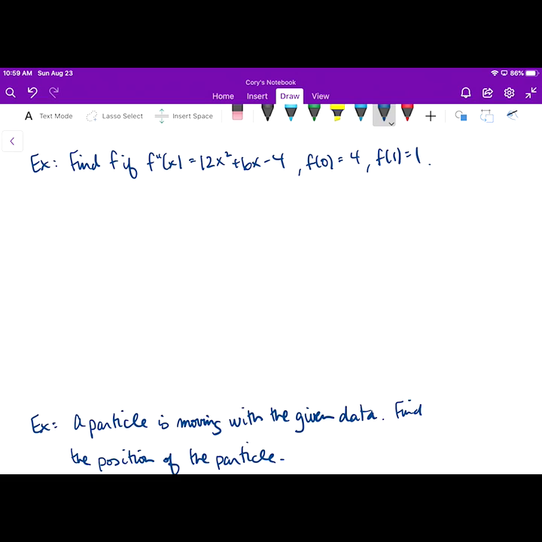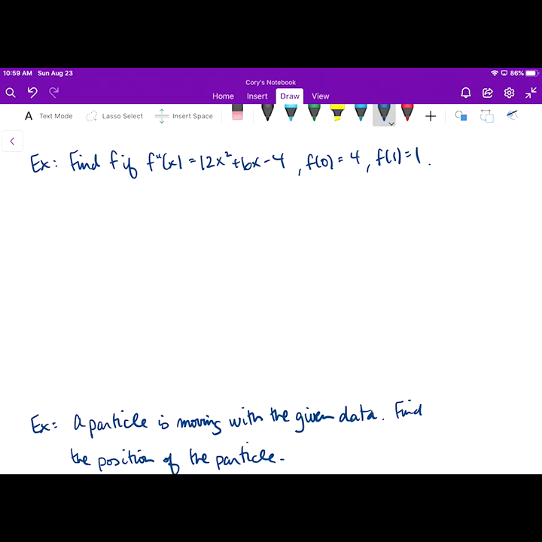So next one, directions say to find f if f double prime of x is equal to 12x squared plus 6x minus 4.